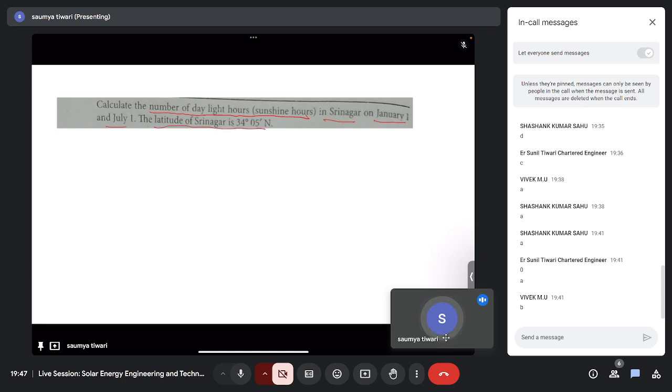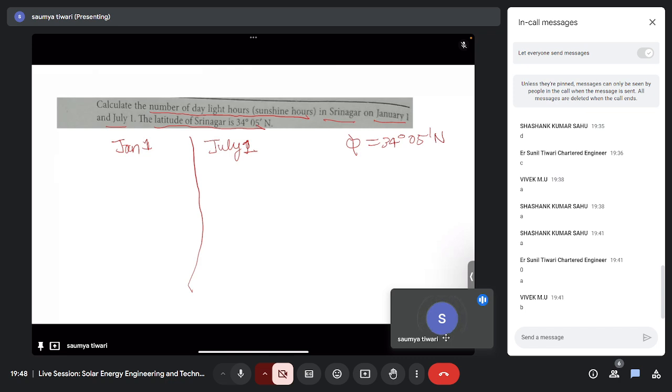So first we have to note down what parameters are given in the question. We have two cases: January 1st and July 1st. The latitude of Srinagar is given, which is 34 degree 5 minute north.